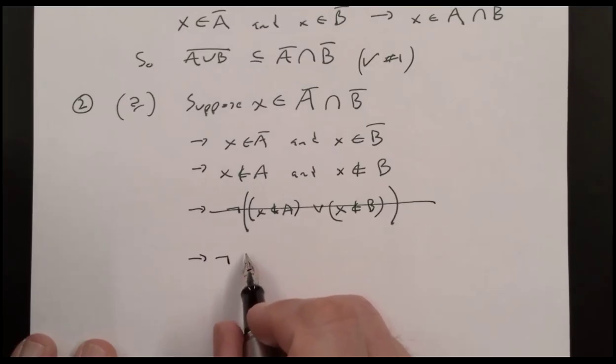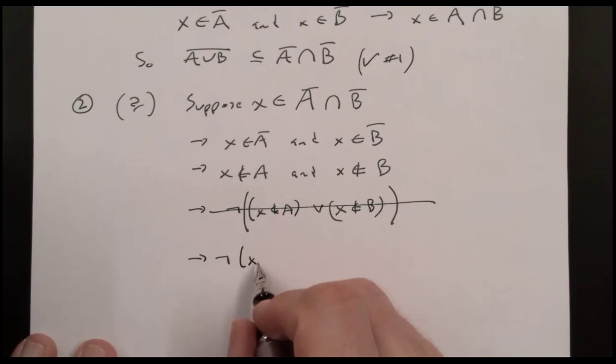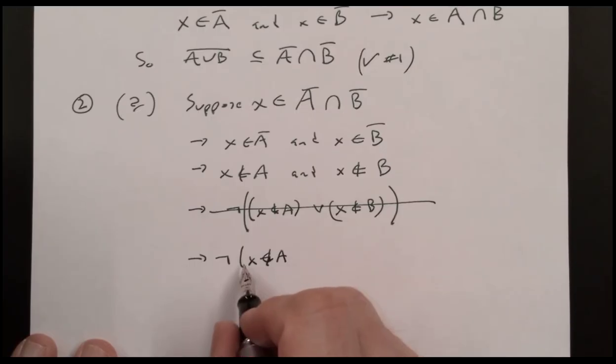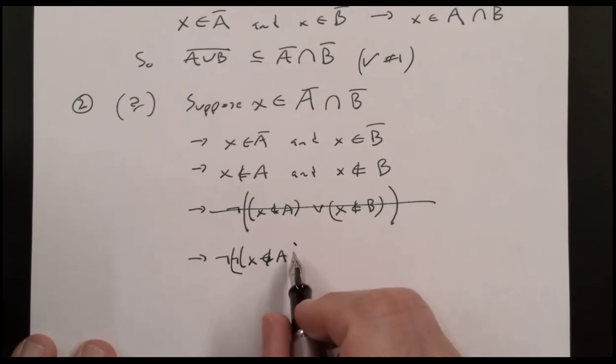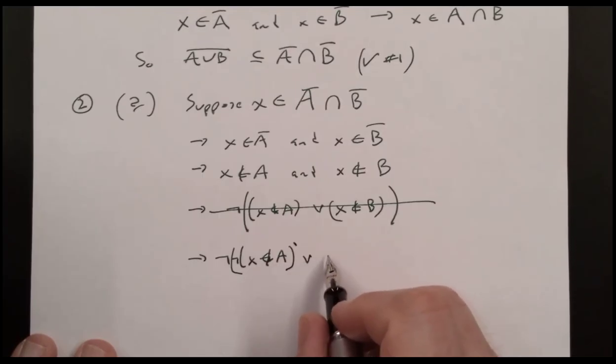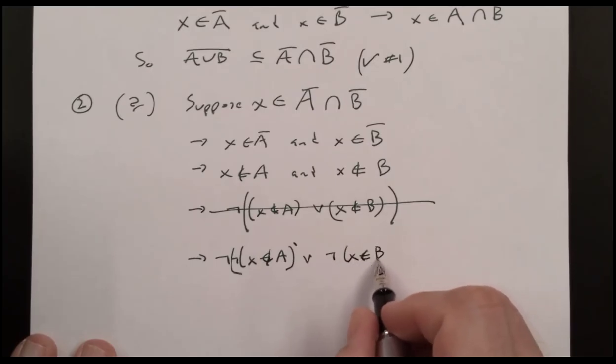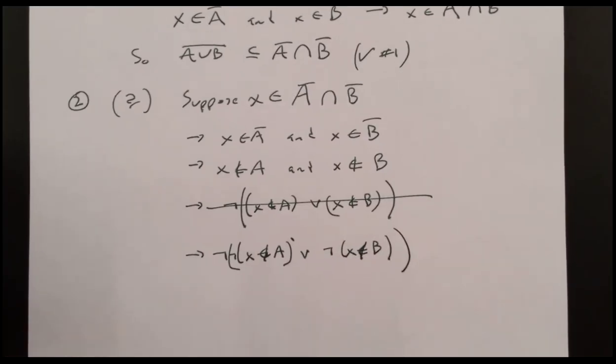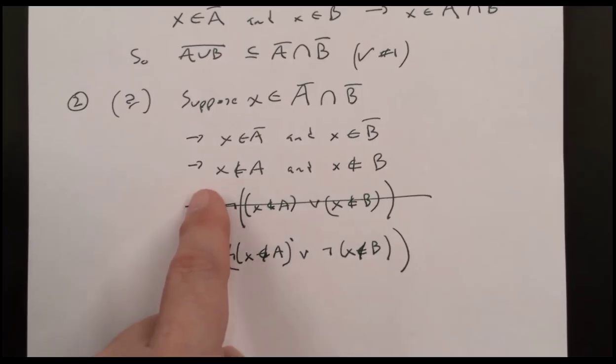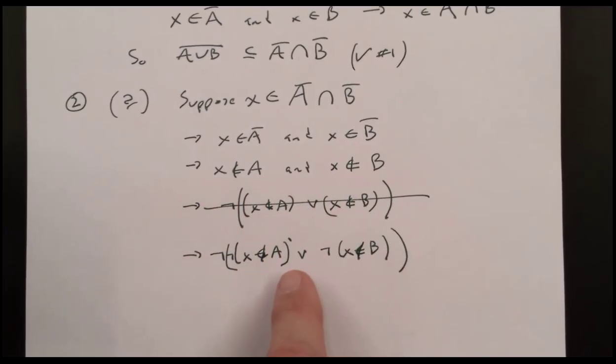Not X not in A. That needs a negation as well. Or not X not in B. That's the regular logic version of De Morgan: not (P and Q) is not P or not Q. That's what De Morgan's law says back in chapter 1.